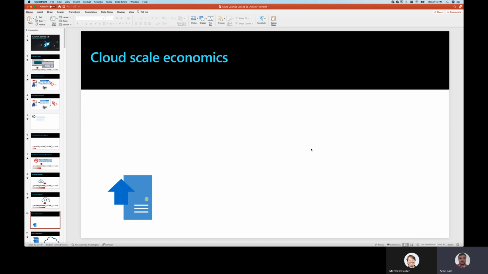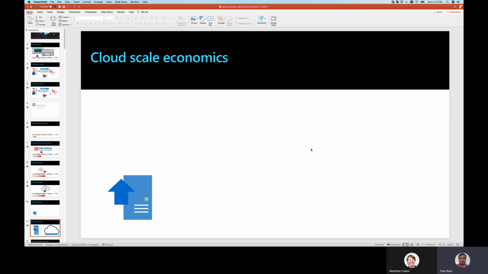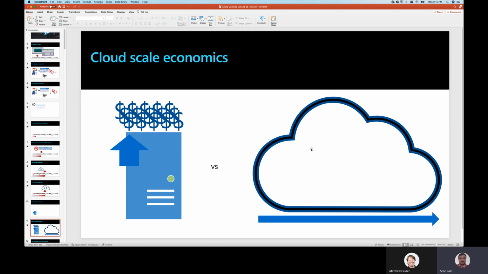So why should we think about cloud scale economics? As many of you know, in cloud, we do scale out versus scale up. You can only scale up to a certain extent, post which you will exhaust all the resources.